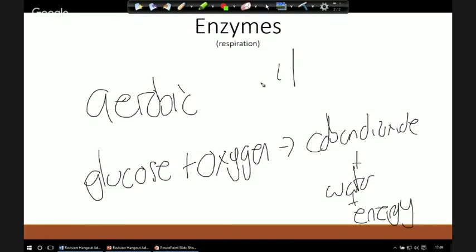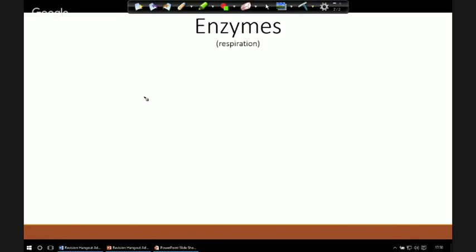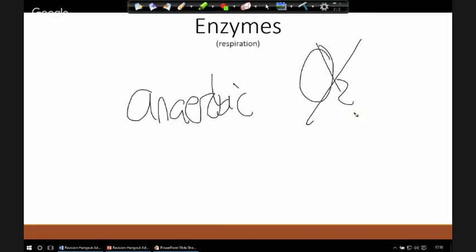And we get lots of energy, and the only issue here is we're building up carbon dioxide. But that's not a huge issue. We can deal with that very easily. The second type of respiration is anaerobic. Now, anaerobic is without oxygen. So when you dive into a swimming pool and you're swimming underwater, or you hold your breath, you don't instantly fall over and it's game over for you. You can still function.